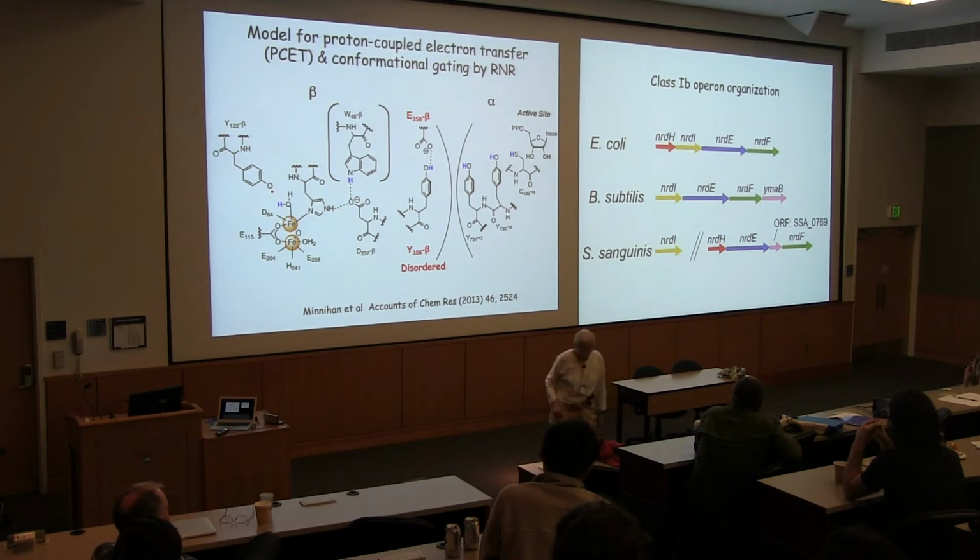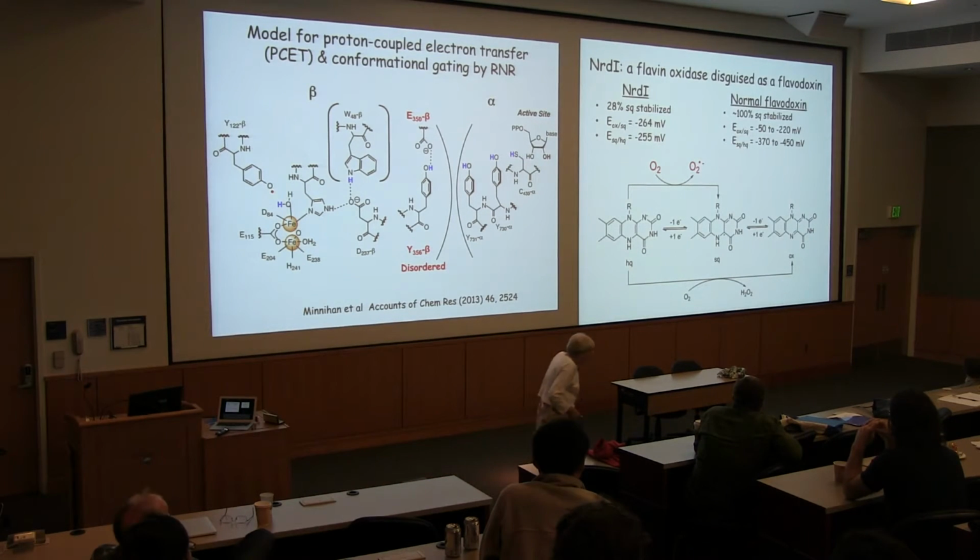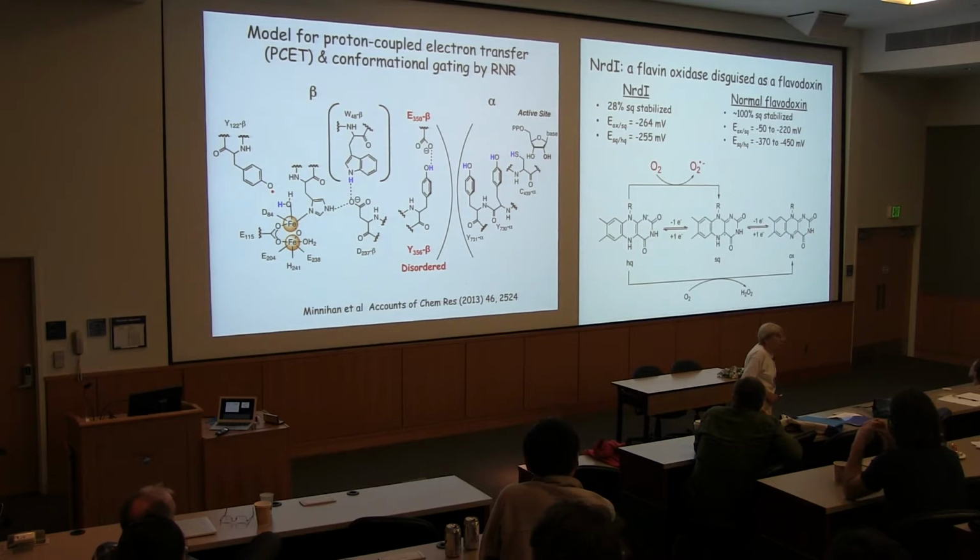Was annotated as a flavodoxin. But we tried to study NrdI, and so did other groups. And we were able to reconstitute this protein with a flavin at very high levels. And what we immediately found out is it doesn't behave like a normal flavodoxin. NrdI has very different redox properties than a normal flavodoxin.